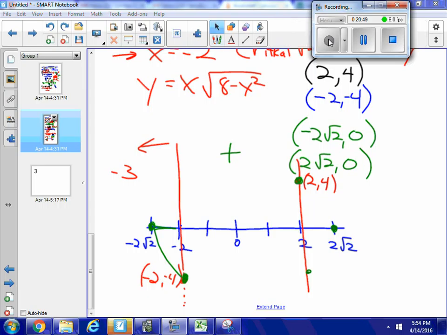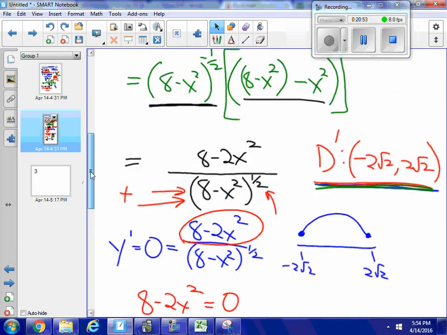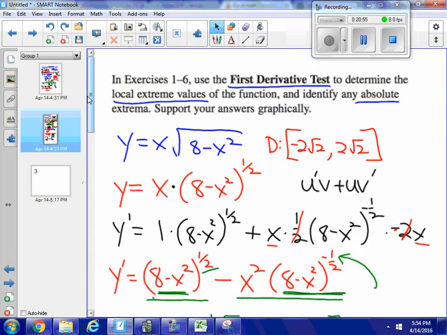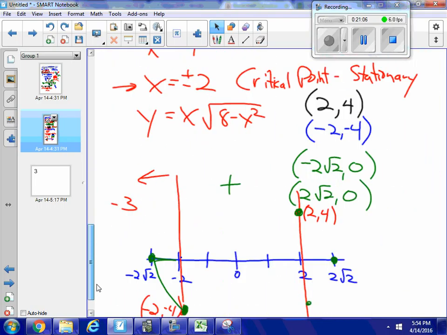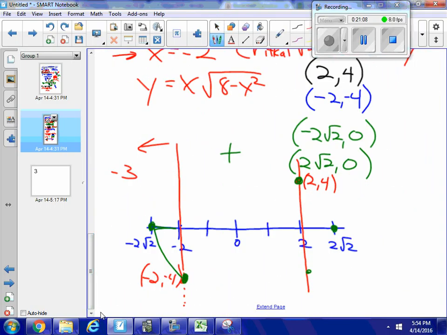And one other thing I want to point out here is that at 0, here's my original function right here. What is the value of y going to be at 0? Well, I have an x right there. My value of y is going to be 0 at 0. So I actually can tell I have another point that's going to be plotted right here. And this graph is going to be going up until it hits that point right there.